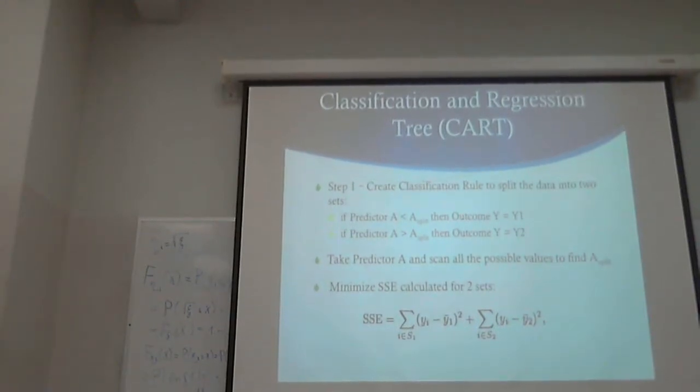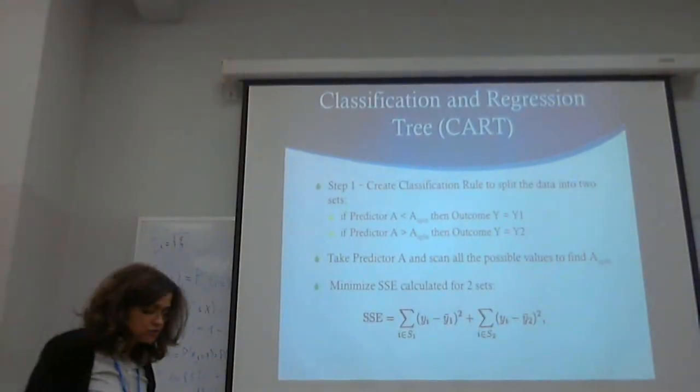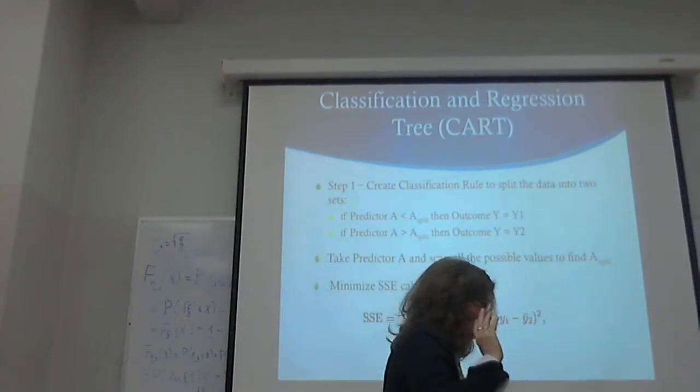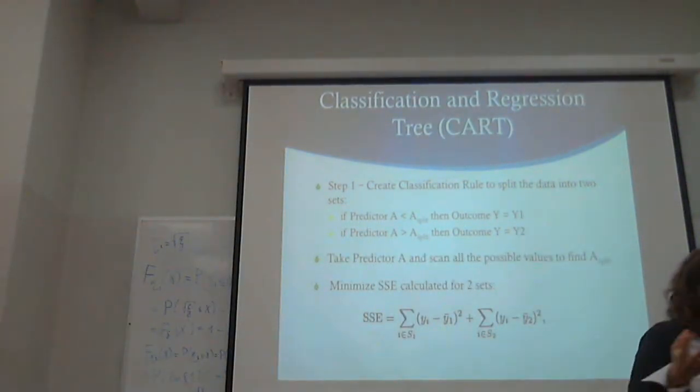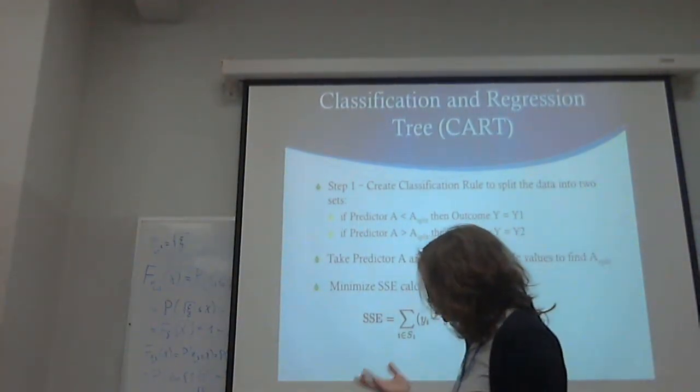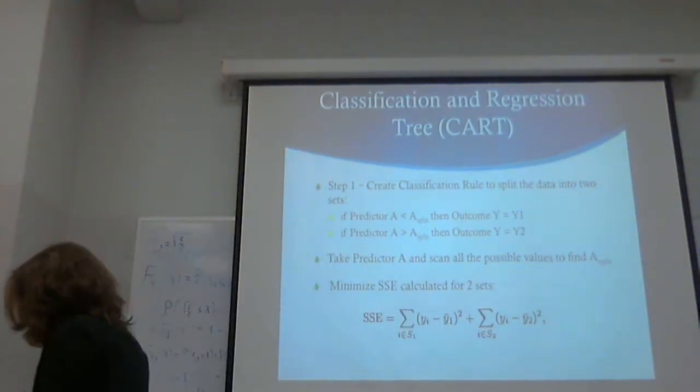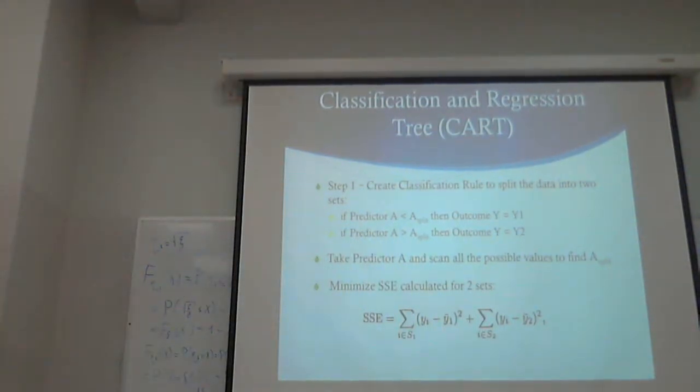So the first model we are going to study, I probably will go back and forth from theory to practice, because it's for you to try. The very simple model is called classification and regression tree, abbreviated CART, as you see on the slide.